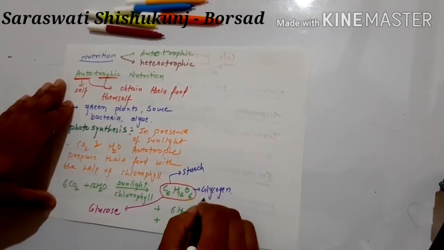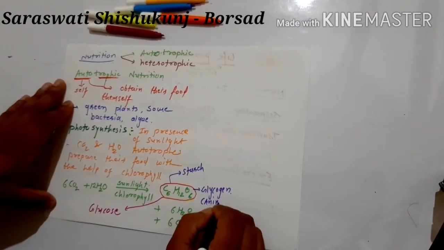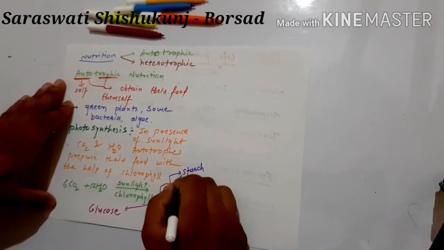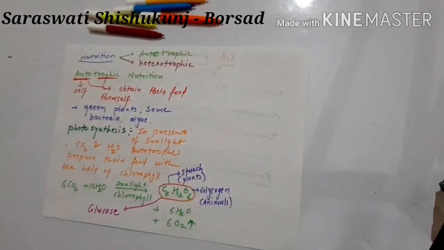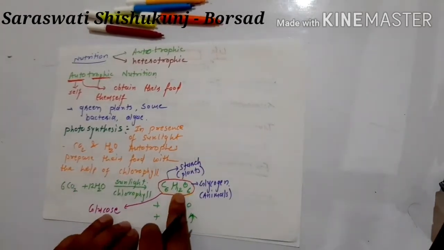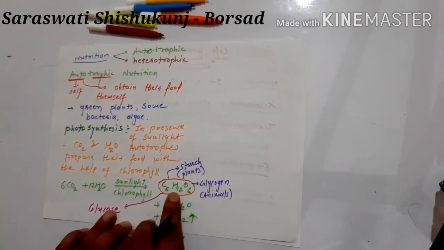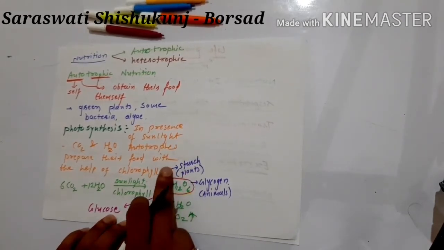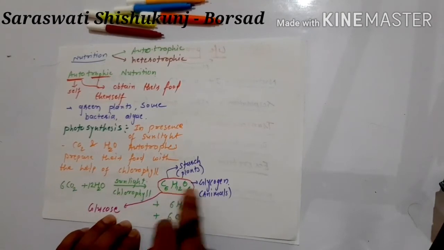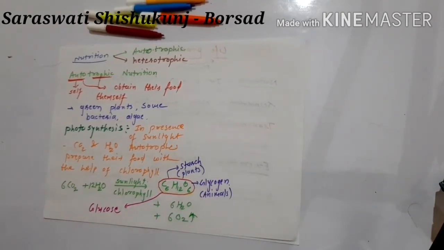Glycogen in animals and starch in plants, right? So this unused glucose will be used to get energy, but the unused glucose in plants will be stored in the form of starch, and in animals it will be stored in the form of glycogen.